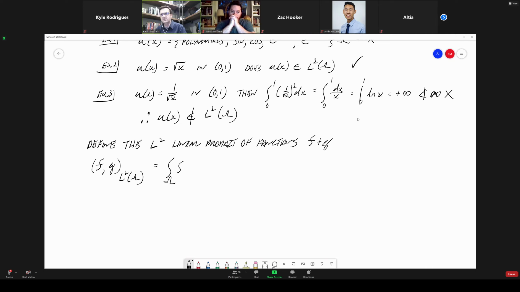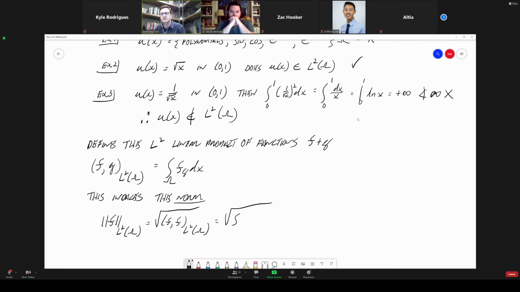So this induces the norm, equal to the square root of the integral of f f over the domain, dx.